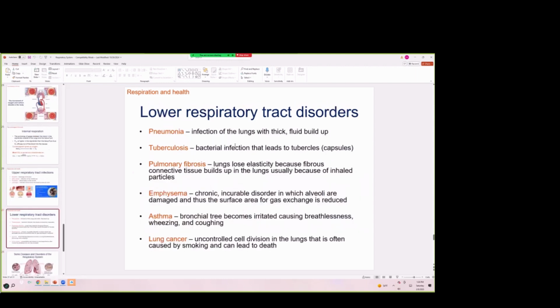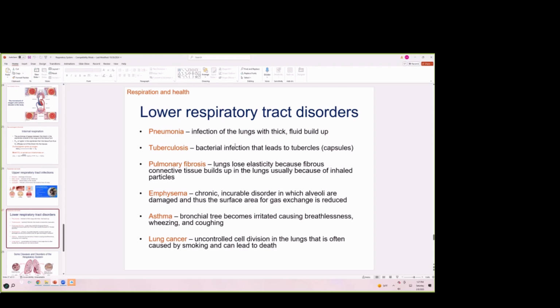Meanwhile, for the lower respiratory system, things that affect our lungs, you have pneumonia, where you have thick fluid built up in our lungs. You have tuberculosis, where you have a bacterial infection that creates structures called tubercles.